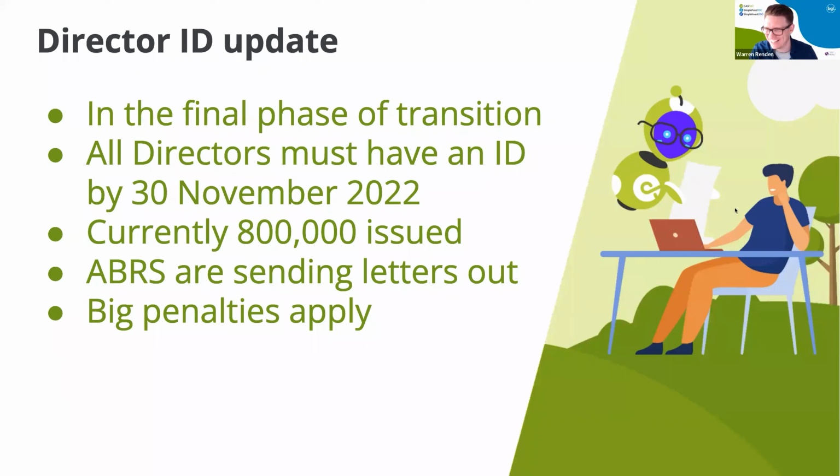But what I will say in principle is that the director ID will essentially supersede the name. So the director ID number becomes the most critical point of the ABRS's identifying of that director. Everything will then be linked to that director ID number, and what is linked to that director ID number will then flow down.